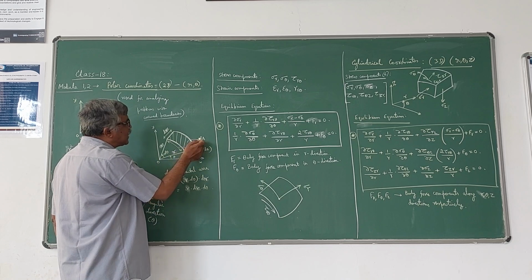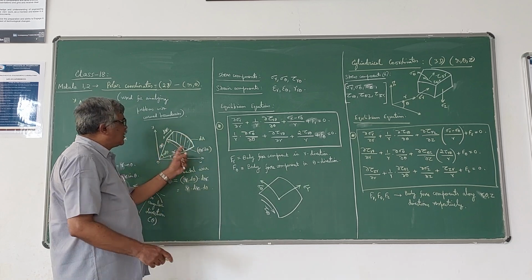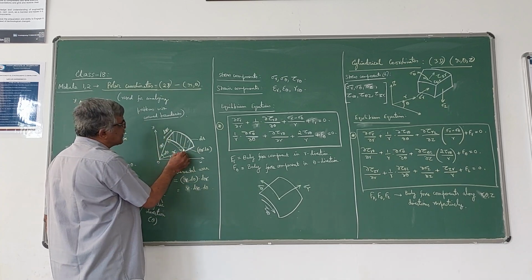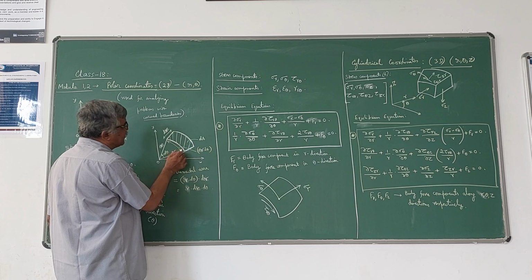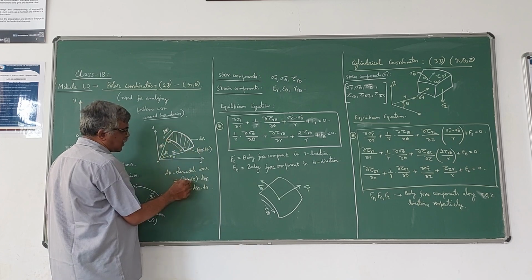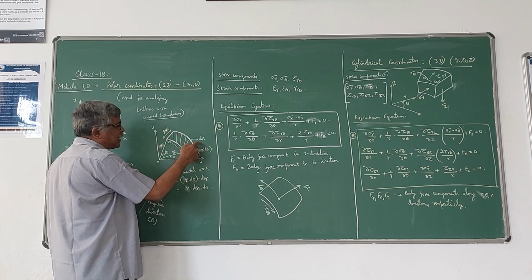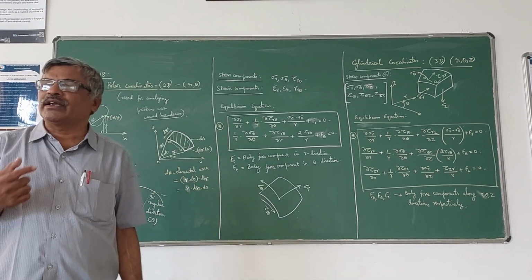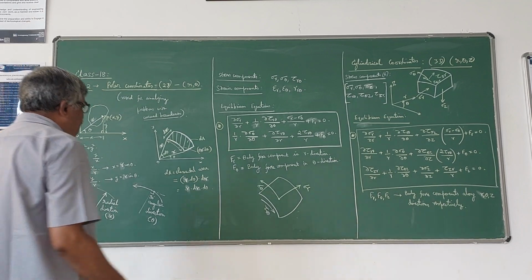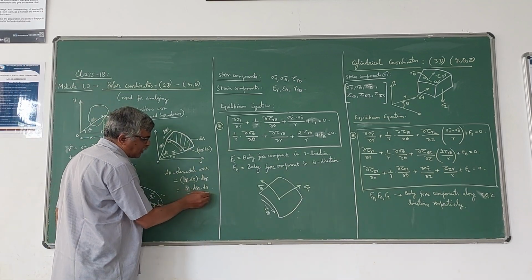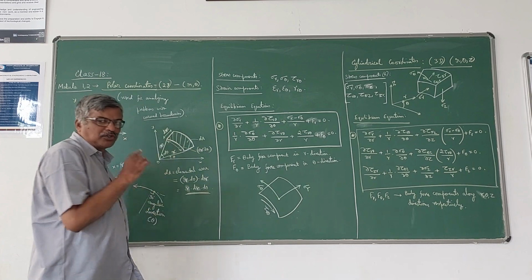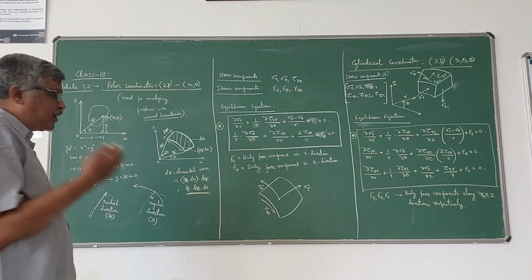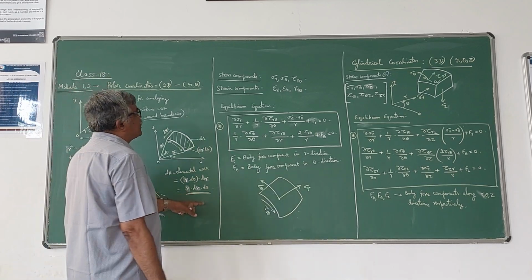So the elemental area of this curved element can be taken as a rectangular element, length into breadth, that is r into d theta into dr. So r d theta dr becomes the area dA. In analyzing problems with polar coordinates, the elemental area is always taken as r into dr into d theta. So you should remember this. Whereas in Cartesian coordinates, the elemental area is dx into dy. Here it is r into dr into d theta.